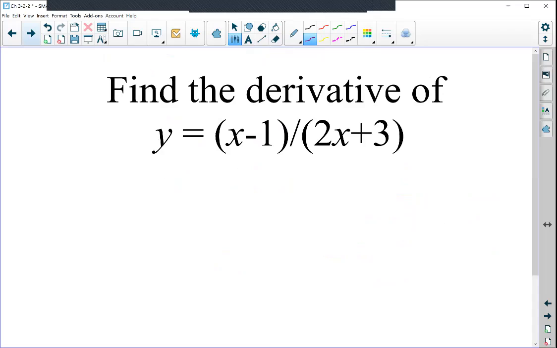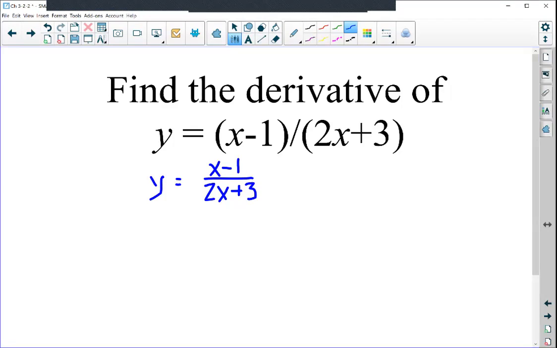So find the derivative of y equals x minus 1 divided by 2x plus 3. Let's see, the derivative.